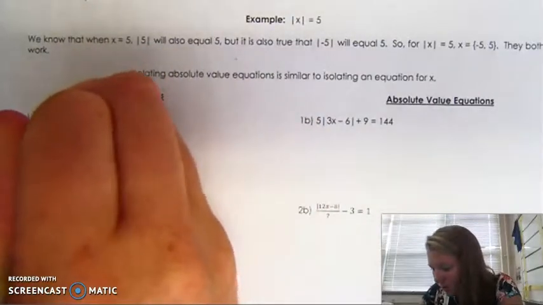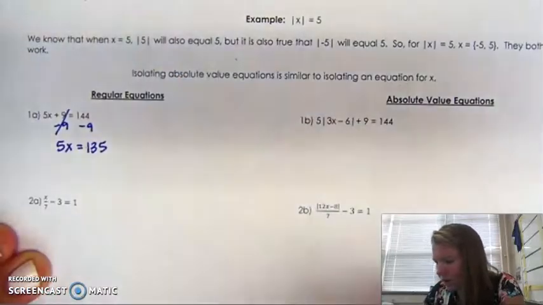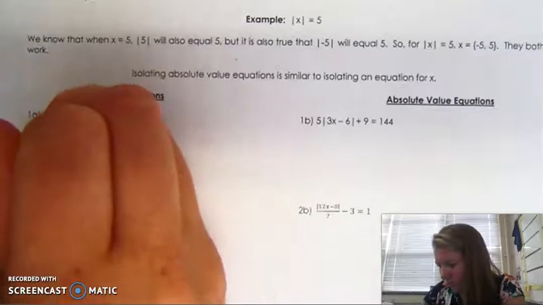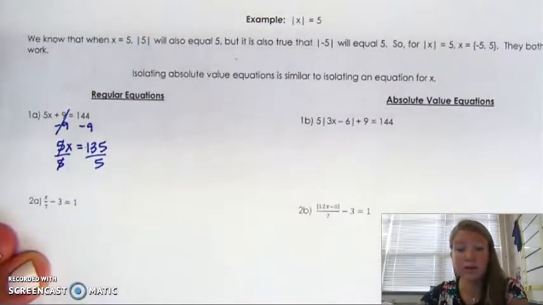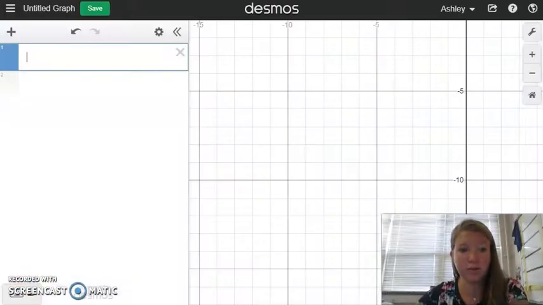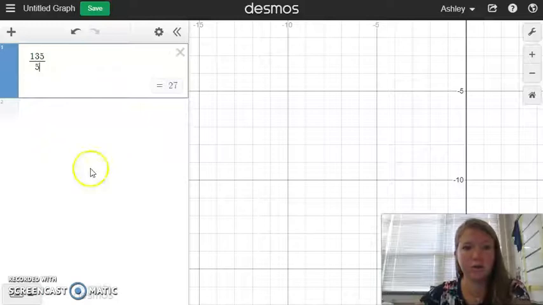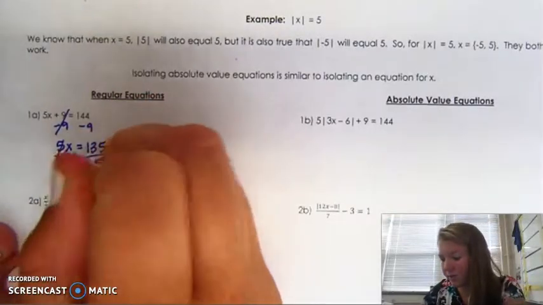So 5x equals 135. And then I would divide by 5. And if we go to Desmos to type in this value, 135 divided by 5 is going to be 27. So our final answer is x equals 27.